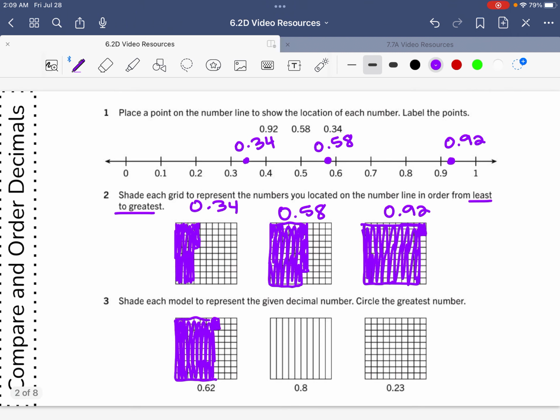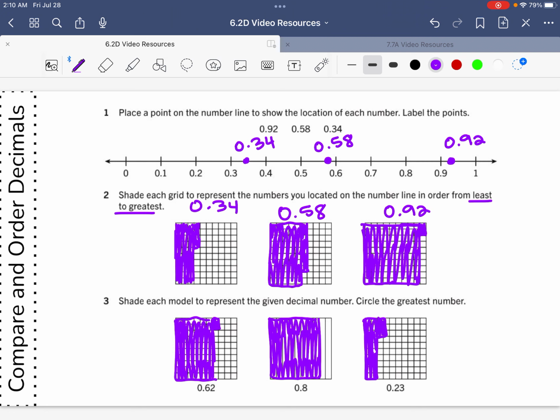Next I have 8/10, which is 8 rods, and then last I have 23 hundredths, which is 2 rods and 3 units.